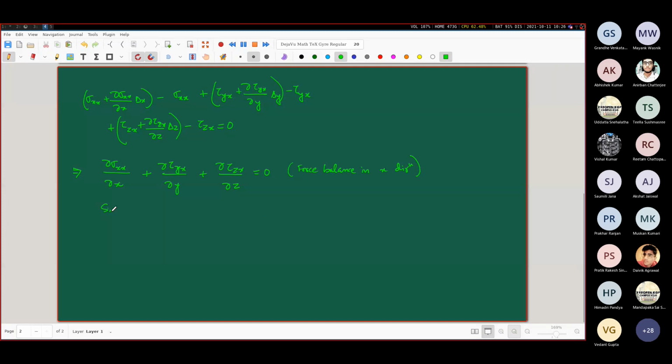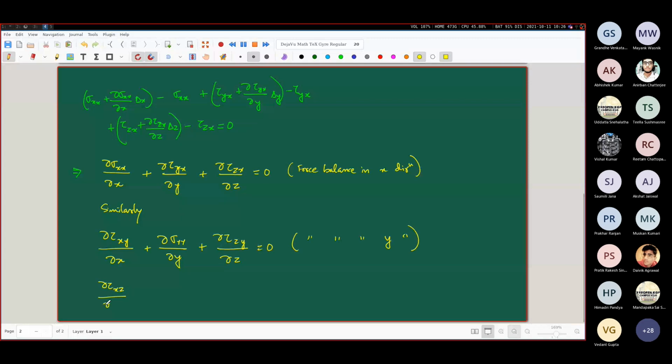Similarly, if you do a force balance, we will obtain del tau xy del x plus del sigma yy del y plus del tau zy del z is equal to 0 from a force balance in the y direction, and finally we are going to obtain del tau xz del x plus del tau yz del y plus del sigma zz del z equal to 0 from a force balance in the z direction.